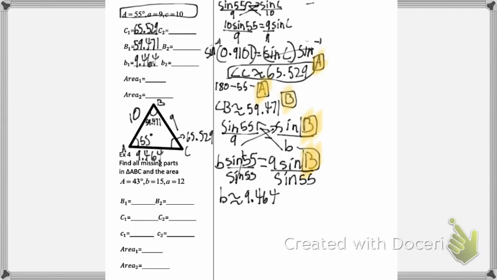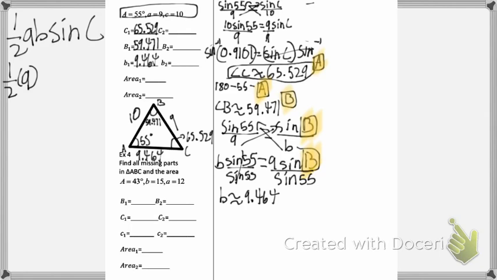And now let's find the area. So we know that one of the formulas for an area is 1/2 AB times sine C. So we can do half times 9.